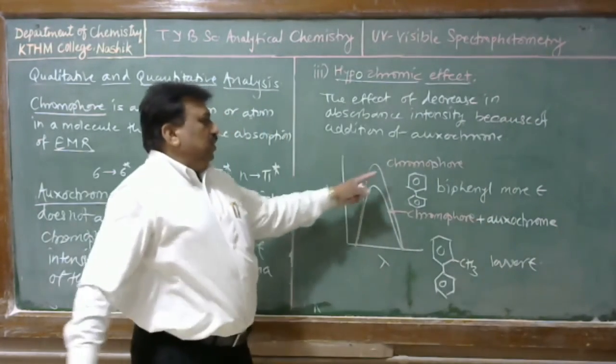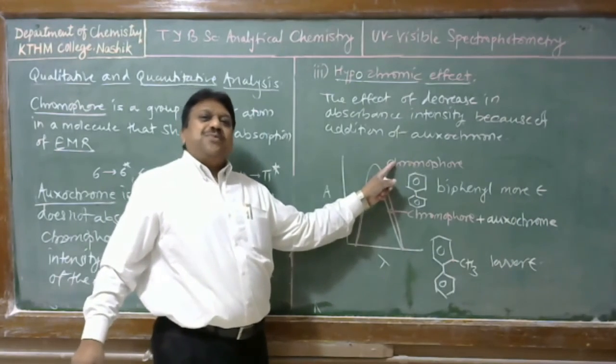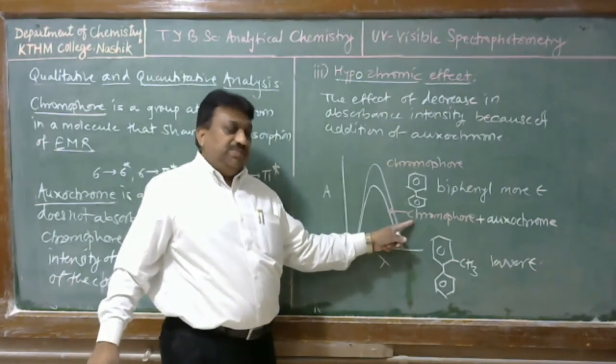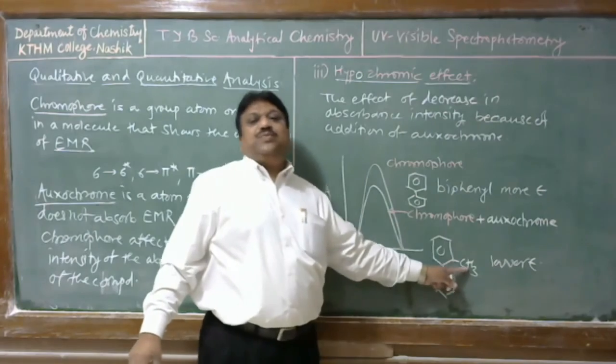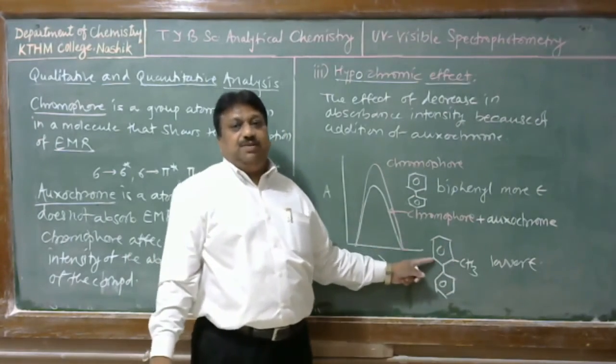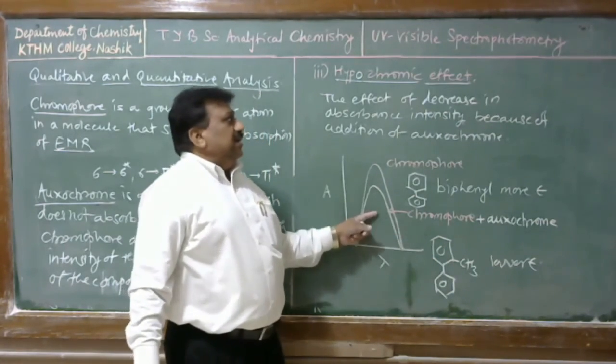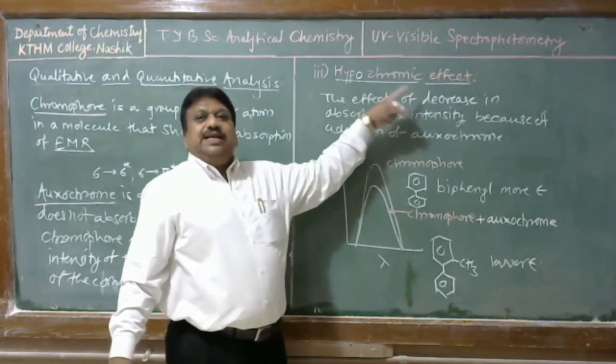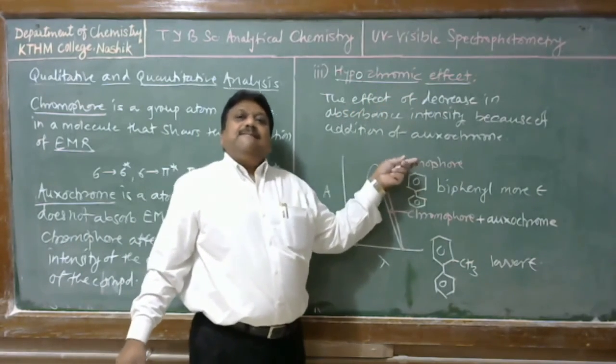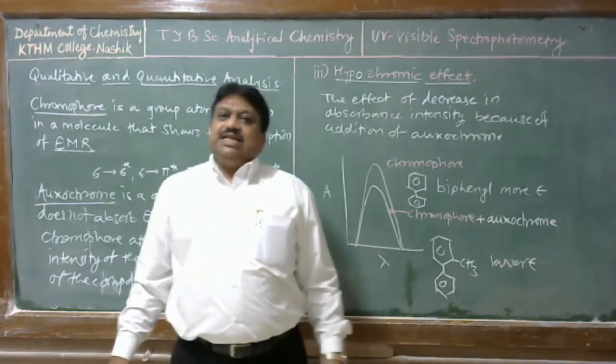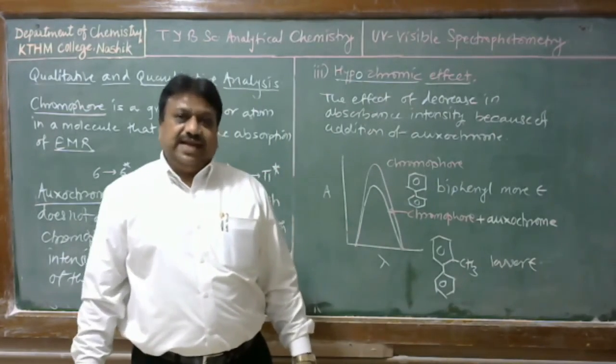Therefore, the chromophore's absorption intensity is decreased because of addition of this CH3 group at the 2 position of this biphenyl compound. And therefore the hypochromic effect decreases the absorption intensity, and this method we can utilize in indirect spectrophotometric analysis.